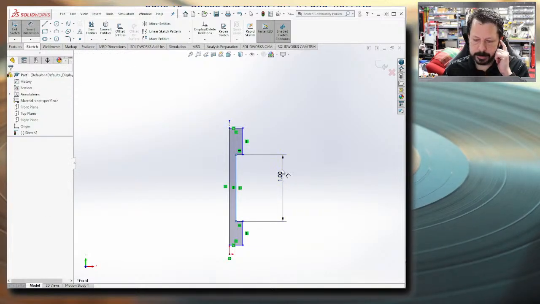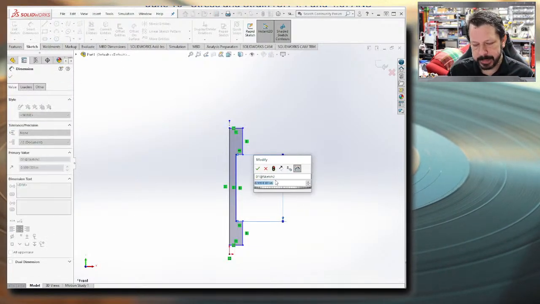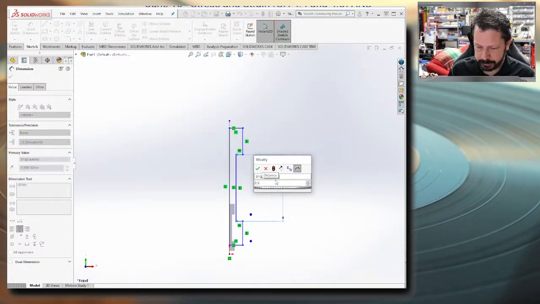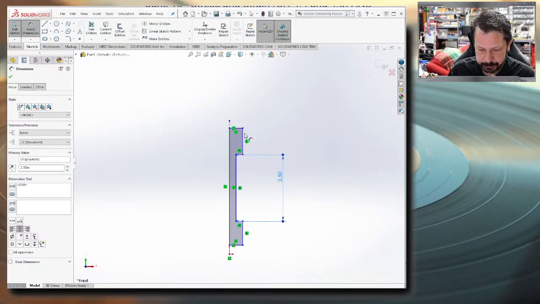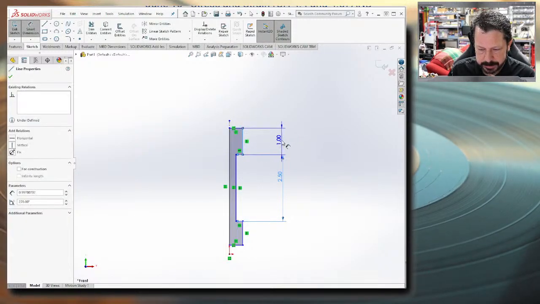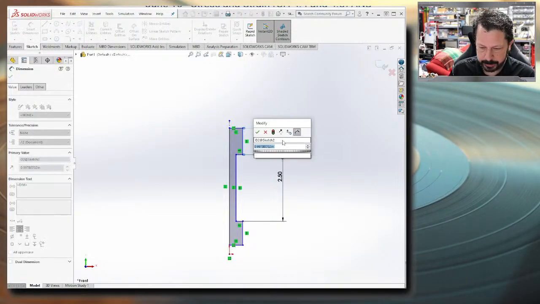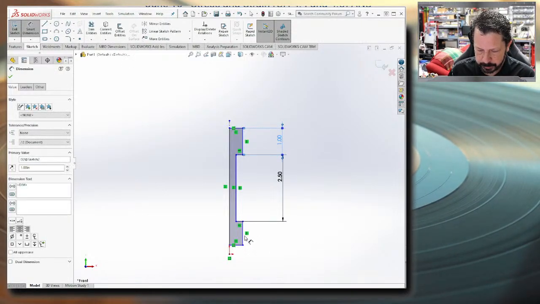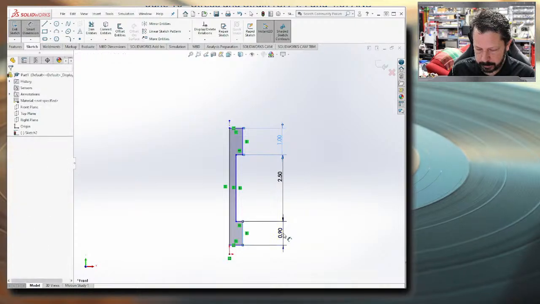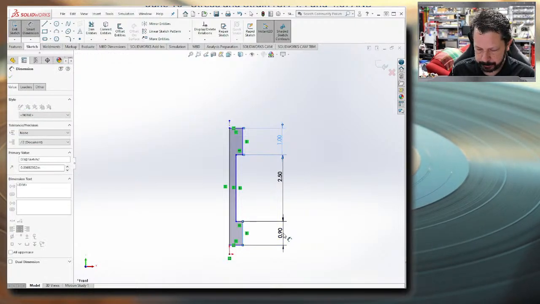This length right here is the reduced section, and it's 2.5 inches long on a tensile test specimen. These are kind of arbitrary. These sections would be just threaded. We can make them 1 inch. That'll be fine. Let's put this one at 1 inch.